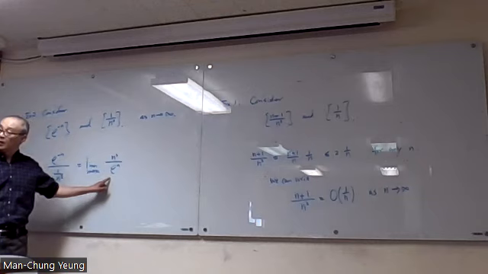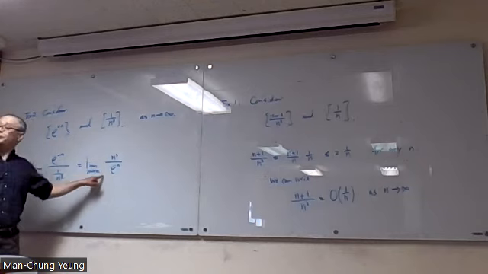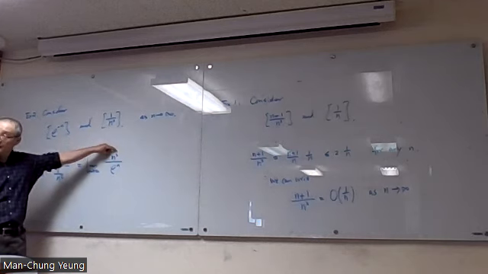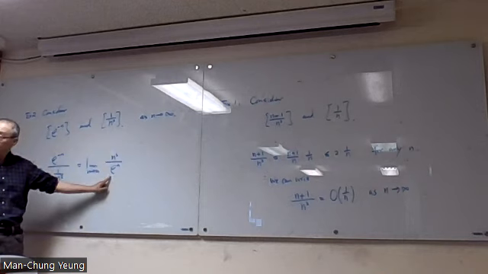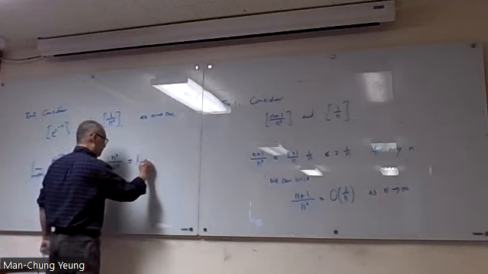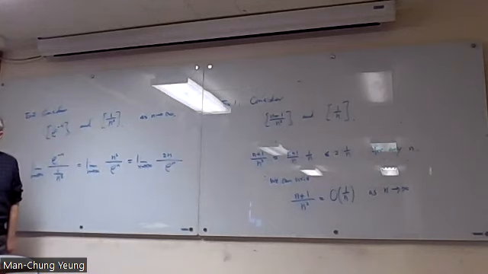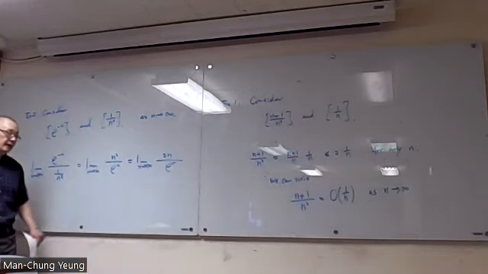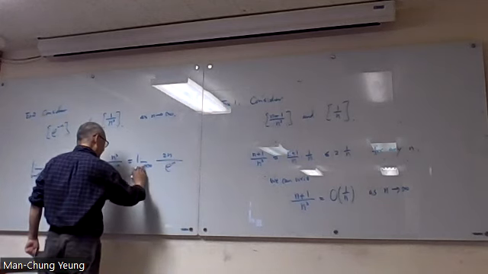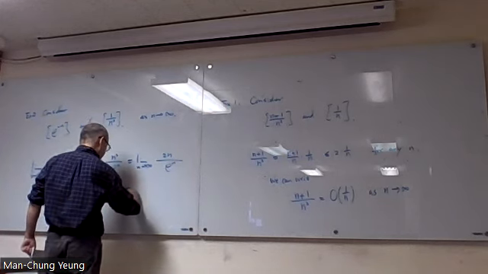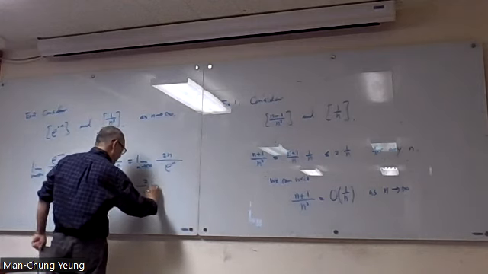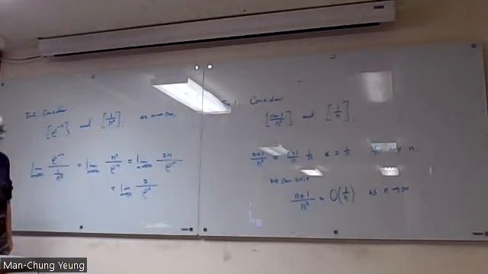This limit is 0. How to see this limit is 0? L'Hopital. Take the derivative of n squared with respect to n, and the derivative of e to the n with respect to n. L'Hopital. Then the derivative gives 2n over e to the n. Take the derivative, L'Hopital again, as n approaches infinity, so 2 over e to the n. So you will see the limit is 0.